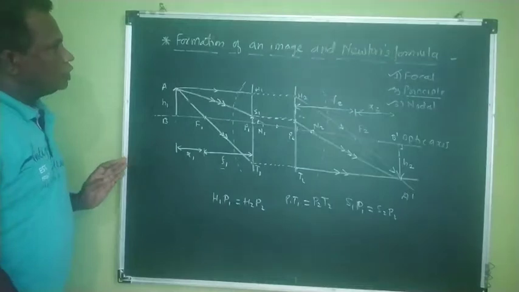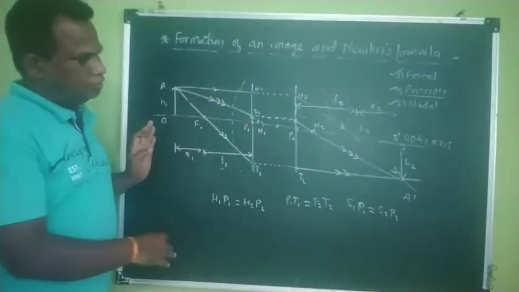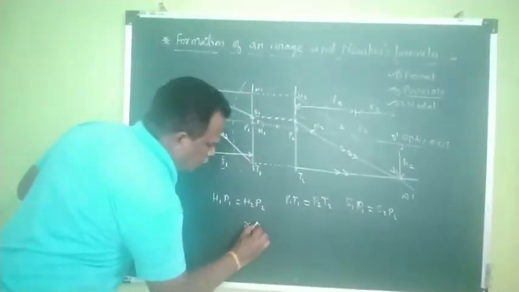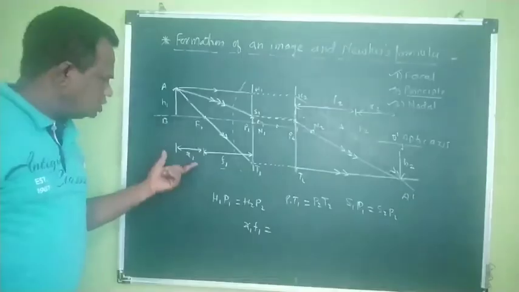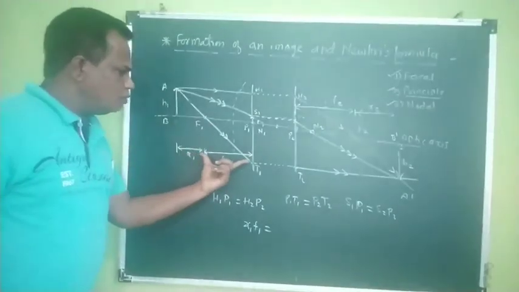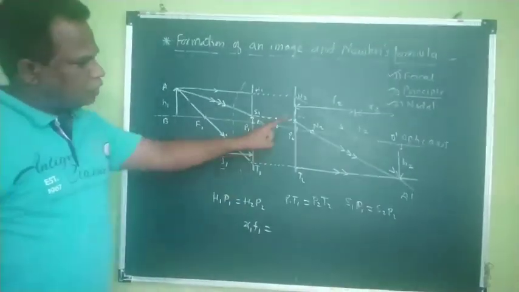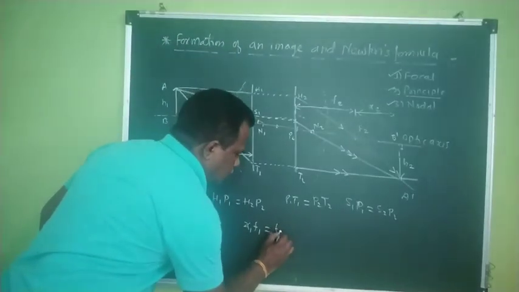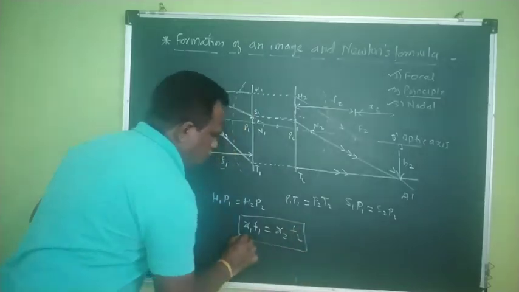Now, what about Newton's formula? By using the geometry of the figure, he calculated that the product of x1 and f1, where x1 is the distance of the object from the focal point and f1 is the focal length, must be equal to the product of f2 and x2. So this is all about Newton's formula.